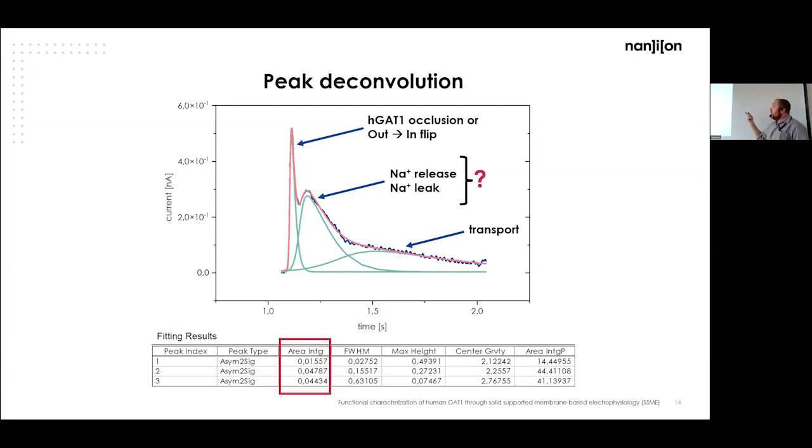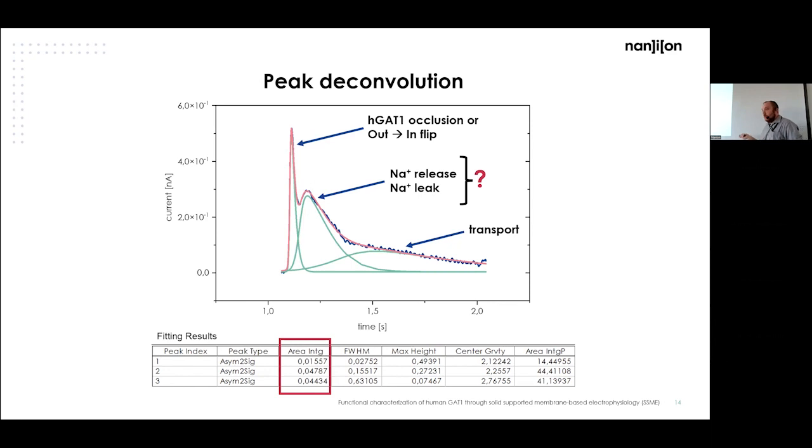So basically, this should be either GAT1 occlusion or the full carrier flipping from the outward-facing conformation to the inward-facing conformation. Then the second peak is quite tricky. Still, I don't have an answer for that. My idea is that this could be either sodium release inside or a sodium leak.